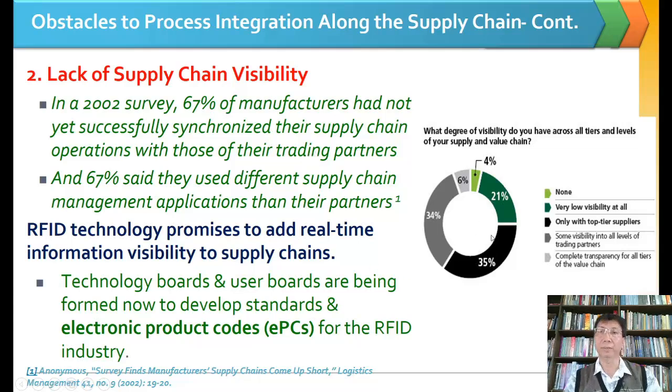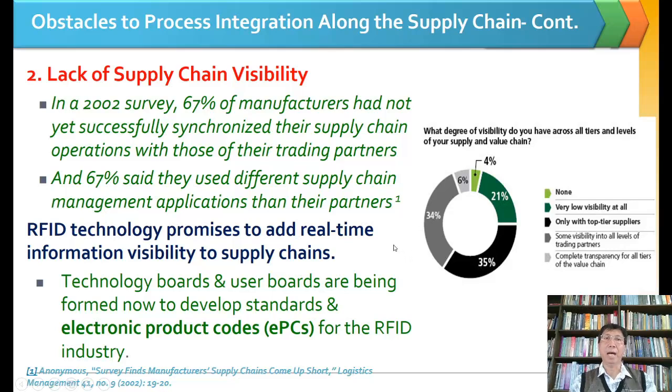When we look at this figure, what degree of visibility do you have across all tiers and levels of your supply and value chains? 4% none, and 20% very low visibility, and 35% only with the top tier suppliers, and 34% some visibility into a level of the trading partners, and just 6% complete transparency for all tiers of the value chain. This is the lack of supply chain visibility.